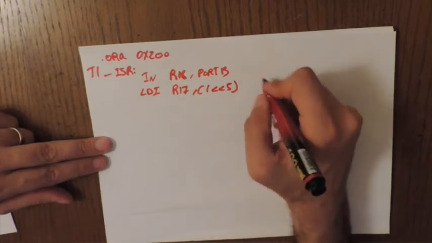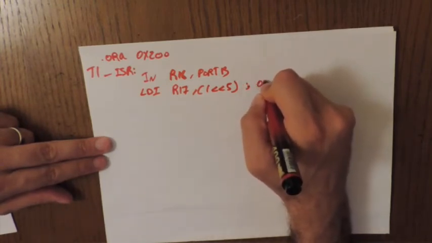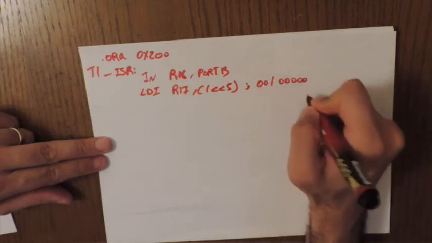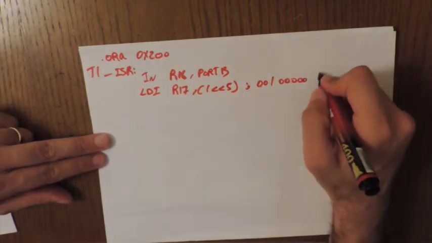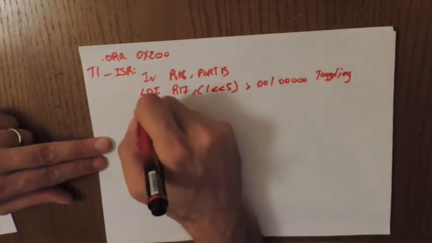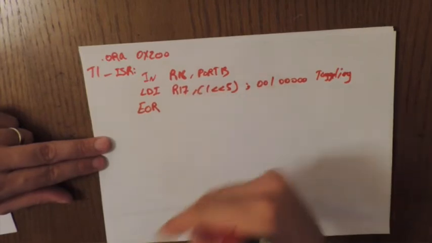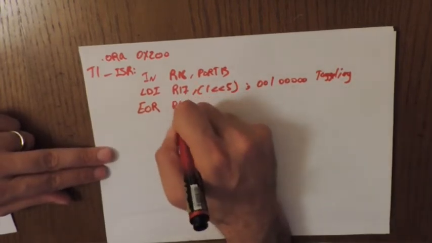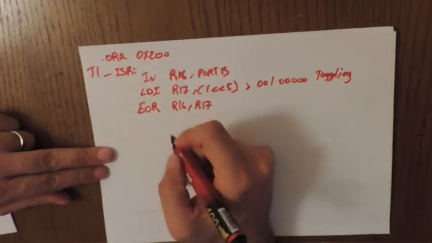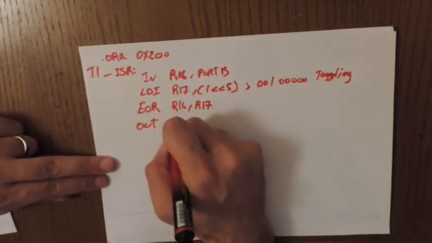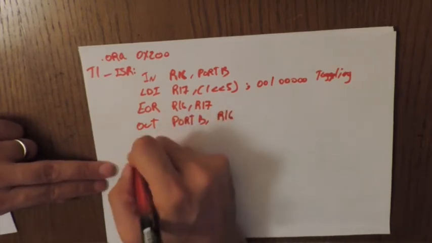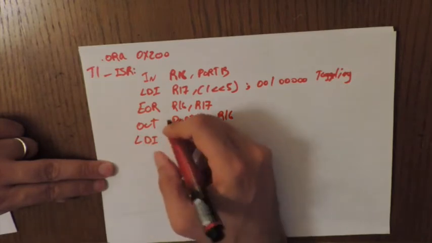So what this is, I'm loading with 0, 0, 1, 2, 3, 4, 5, 6, 7, 8. Okay, this is used for toggling, and then I do exclusive OR so that I can do bit flipping. So this is just flipping the bits, and then out port B, R16.